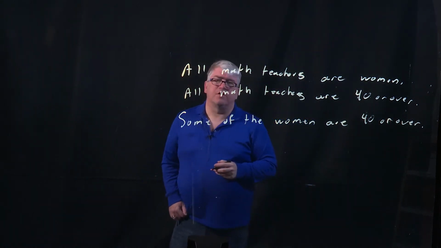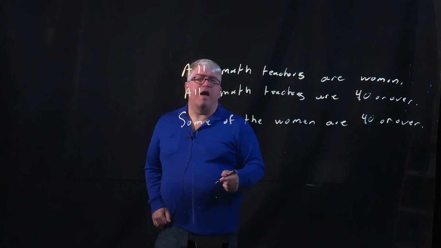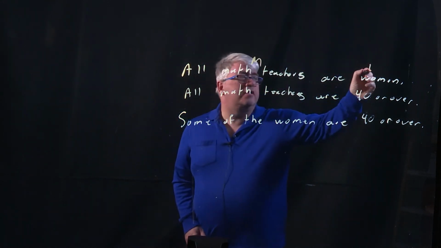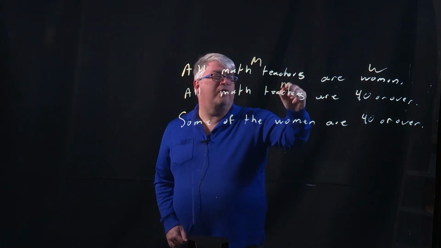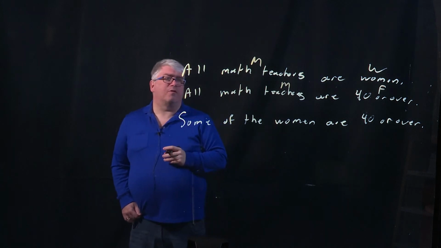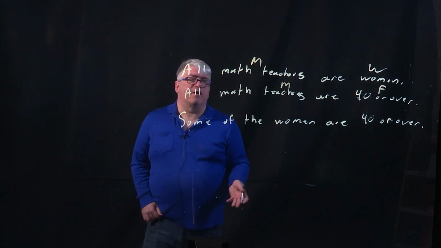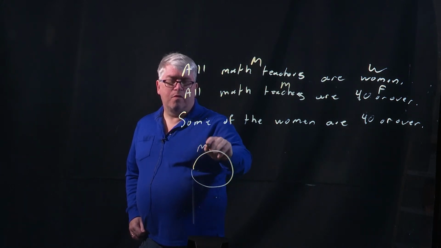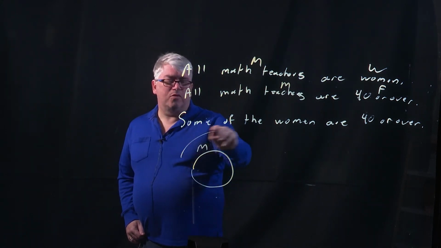So let's see how this looks in a Venn diagram. Everything that is M is W also, and everything that is M is F. So I have to figure out how to draw that. To draw this, the M circle has to be inside of the W circle.